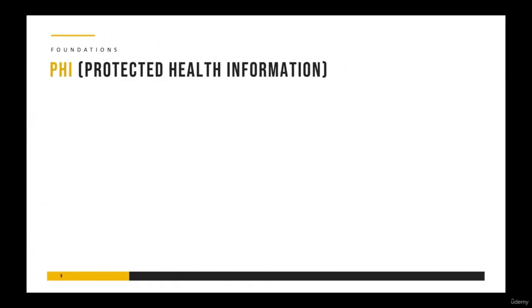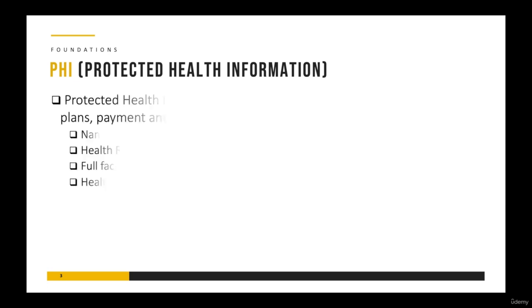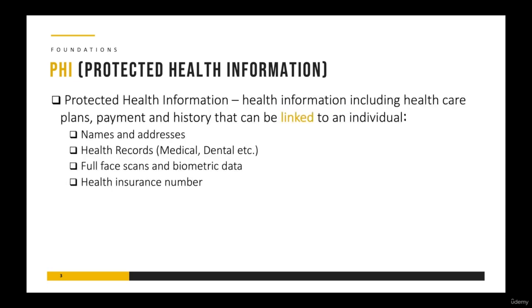There are also some penalties that are applied for organizations that do not comply. The next important term that we need to understand is PHI, which is Protected Health Information. Now, this refers to health information including healthcare plans, payment, and history that can be linked to an individual. This includes things like names and addresses, health records such as medical or dental, full face scans and biometric data, and health insurance numbers.